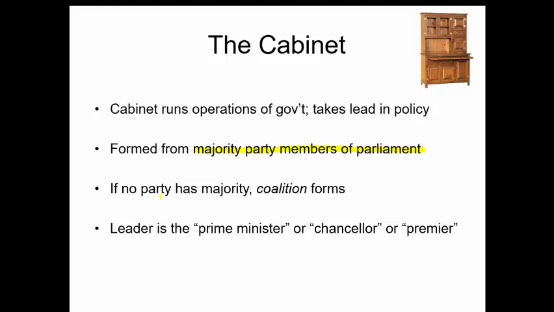And as we already talked about, if no party has a majority, then a coalition forms that would maintain the majority control of that parliament. And the leader of this coalition is called the prime minister, or chancellor in some systems, or premier in other systems. But they are the heads of the government because their party was elected to control the parliament.